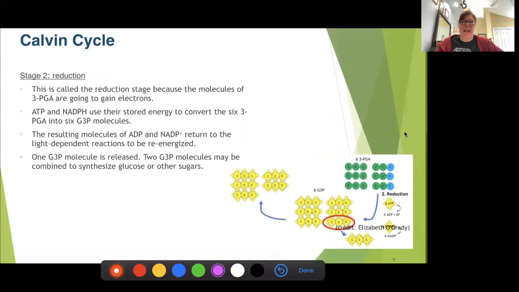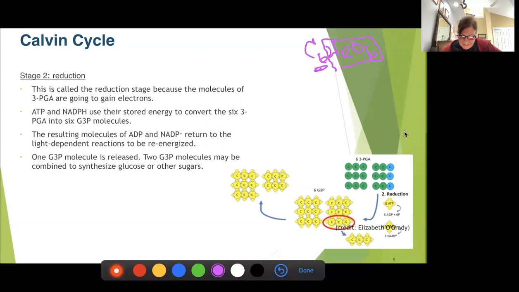Once we have our PGA, we are then going to reduce it. Because think about it, with the CO2, we have sugar, which is C6H12O6. So for every carbon, we have a molecule of water.